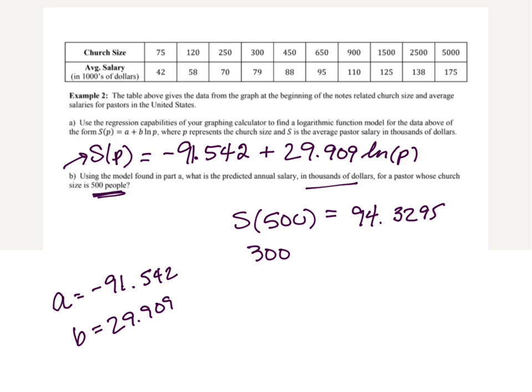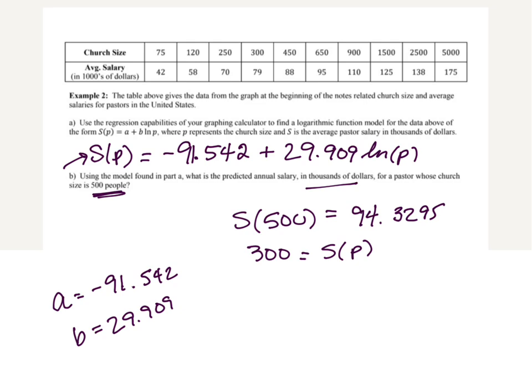How many people are in the church for the pastor who makes $300,000? So we're saying S of P is equal to 300. Not 300,000, that would be a lot of people. But we're setting that equal to 300, knowing that it's measured in thousands. S of P is equal to 300. So we're going to solve for P. So now, this is the importance of having A and B stored.